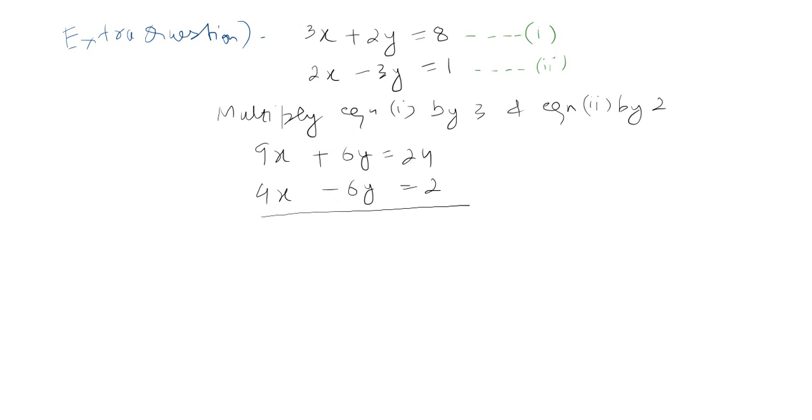I told you that when they are the same sign, you subtract. So we add them. Once we add, this will get cancelled, and here we'll add. So it is 13x, and here we'll get 26. So x will be equal to 26 upon 13, that is 2. The value of x comes out to be 2.